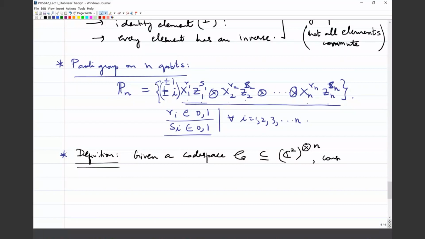So given some code space C, consider the set S associated with C, which is the set of all operators S which belong to the n-qubit Pauli group such that they leave every state in the code space invariant.